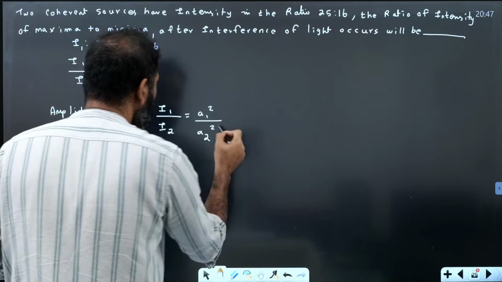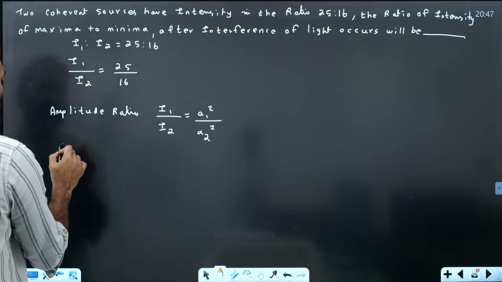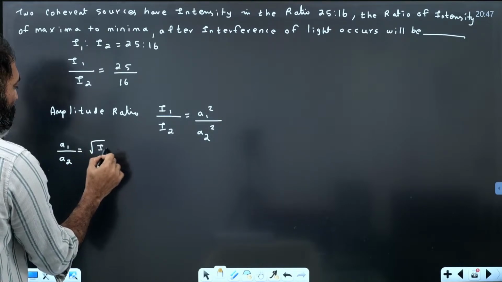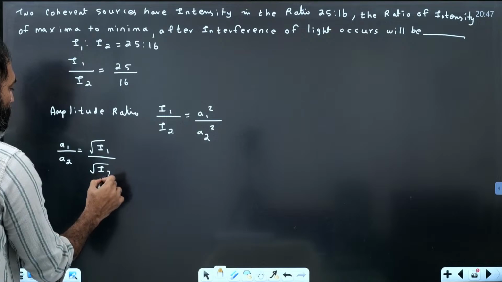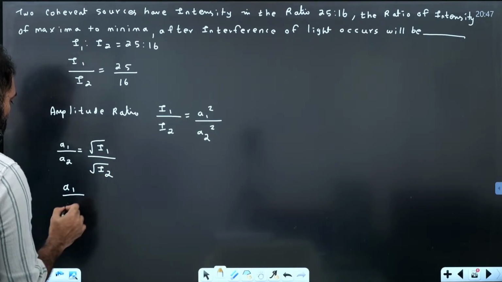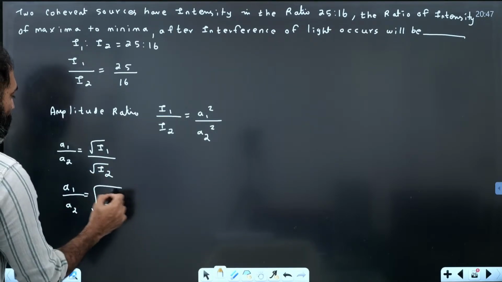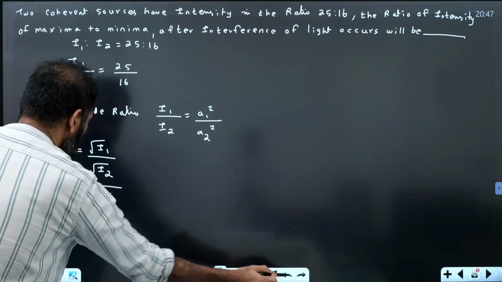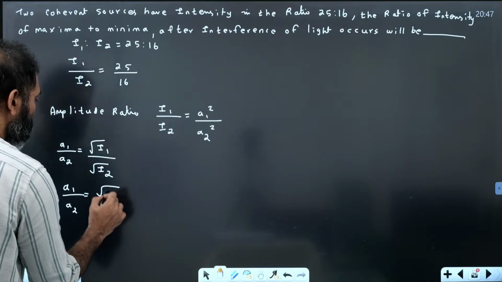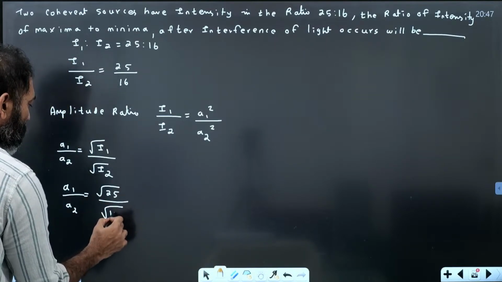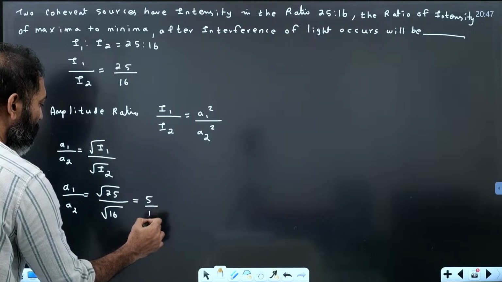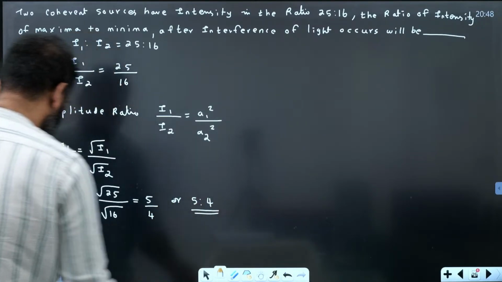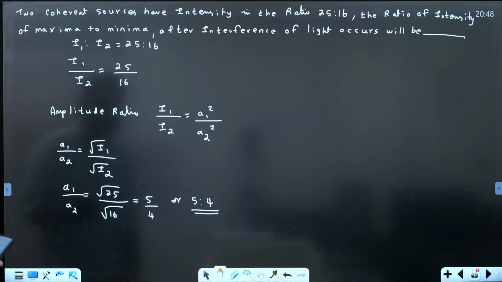So the amplitude ratio A1 by A2 should be equal to root I1 by root I2, which is root 25 by root 16, that is equal to 5 by 4. That is, the amplitude ratio is 5:4.